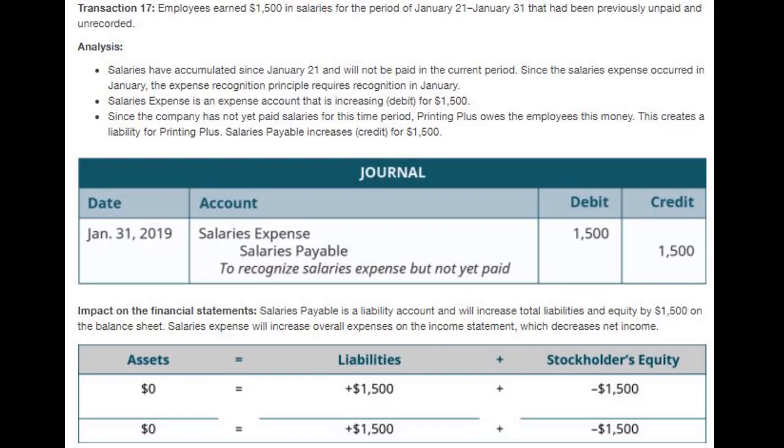So every once in a while, you need to adjust your records to account for the fact that the equipment is losing its value and that your liability to pay your employees is increasing in value. Or I should say, in negative value, because the debt or the obligation to pay them is going up.